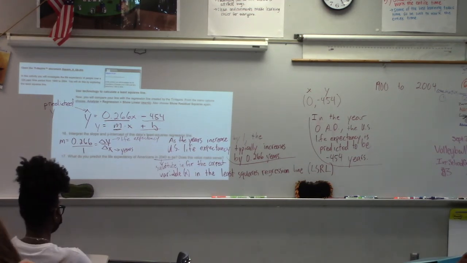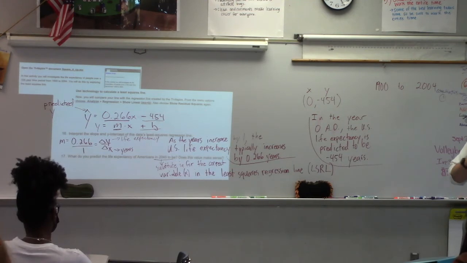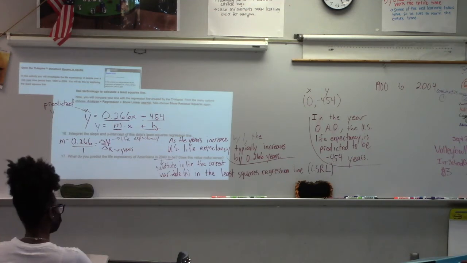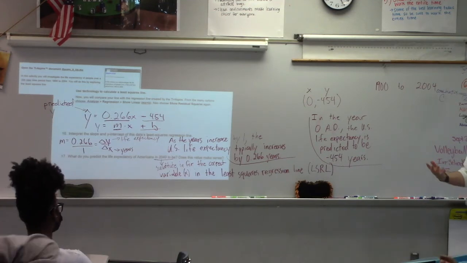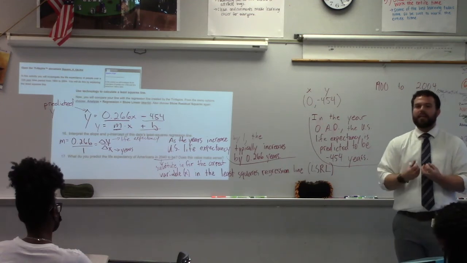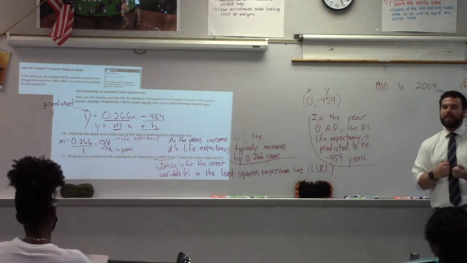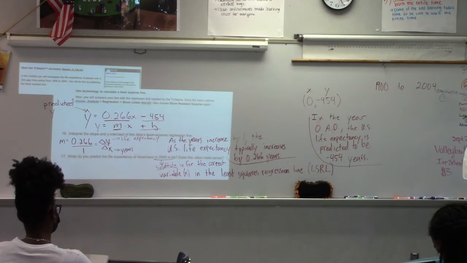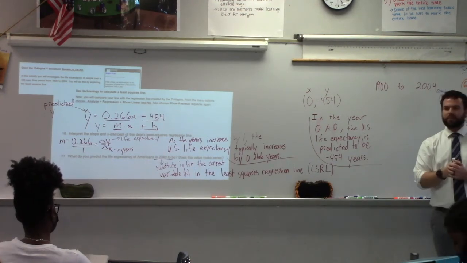If you ever see LSRL, that is the least squares regression line. So you're going to substitute in for the correct variable, in this case x, in the least squares regression line. Because what is that line doing? It is making predictions.